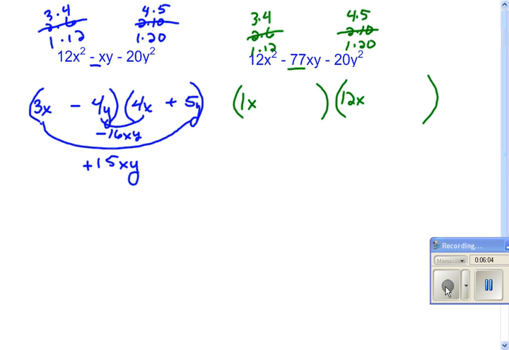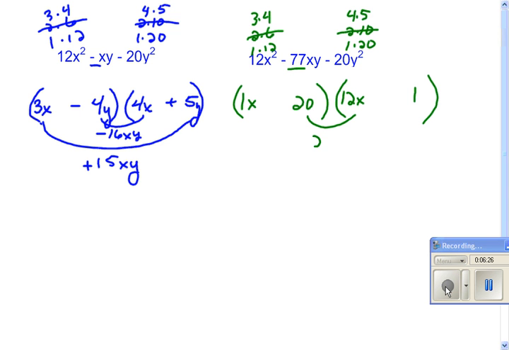Okay, so 1 and 20. And again, I know that I cannot put the 20 with the 12 because then there would be a number in common. So I'm going to put the 1 with the 12 and the 20 with the 1.